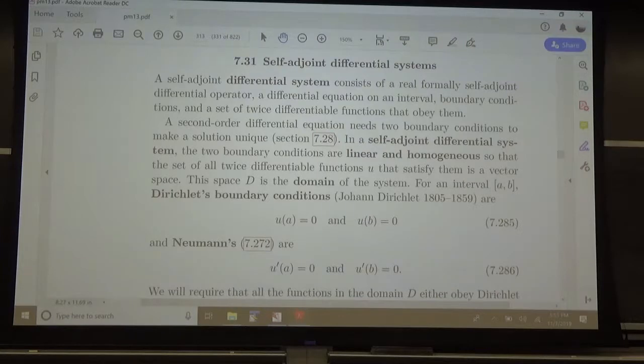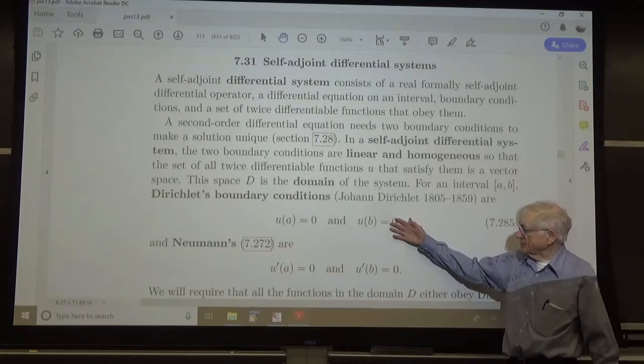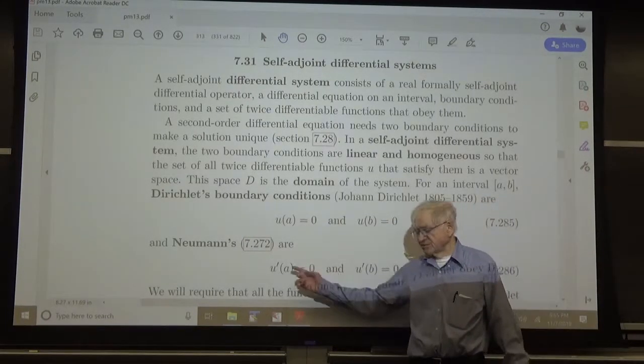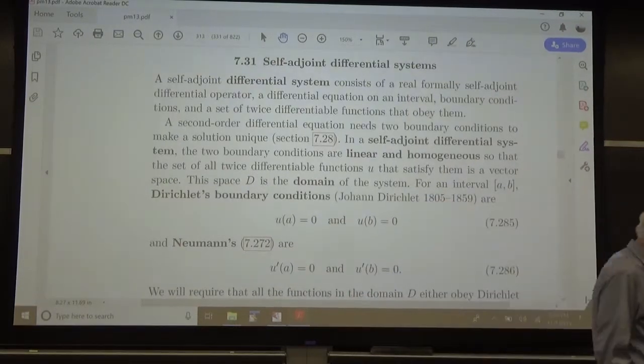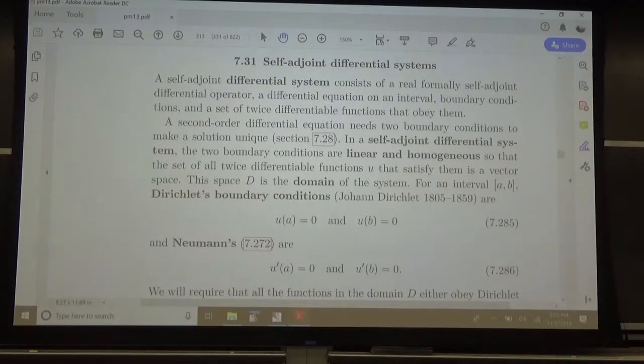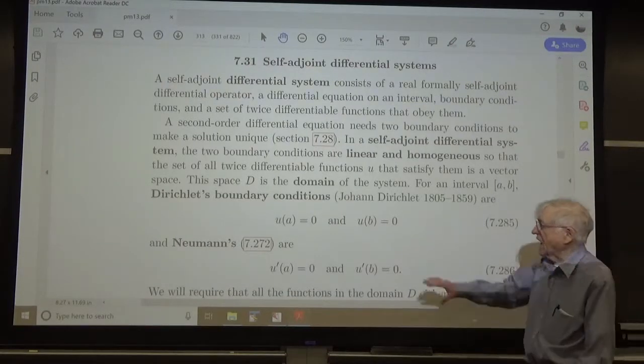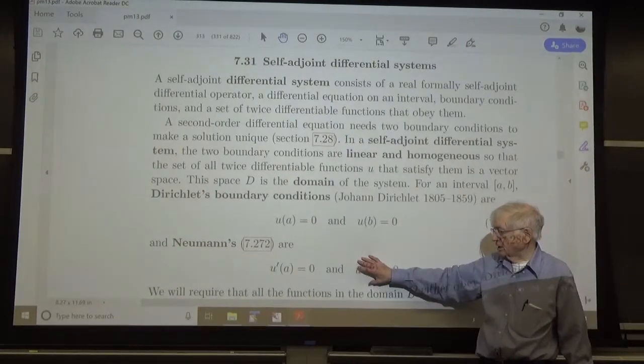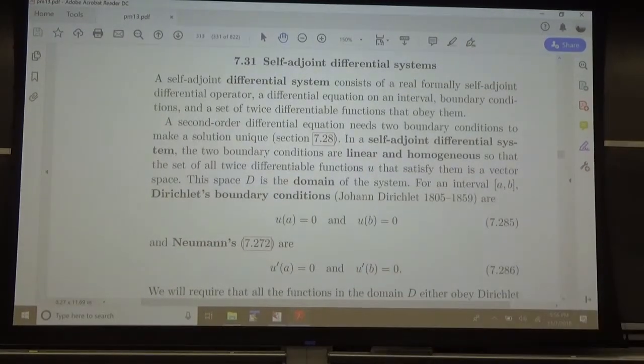For an interval, there are two sets of boundary conditions that we're going to consider. There's the Dirichlet boundary conditions, which is that u vanishes at both endpoints, or Neumann's, which is that the derivative of u vanishes at both endpoints. Sometimes we'll mix the boundary conditions, but for now, we're going to be considering functions that either are Dirichlet at both ends or are Neumann at both ends.